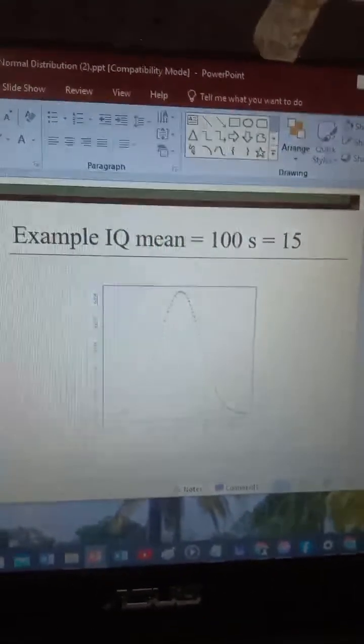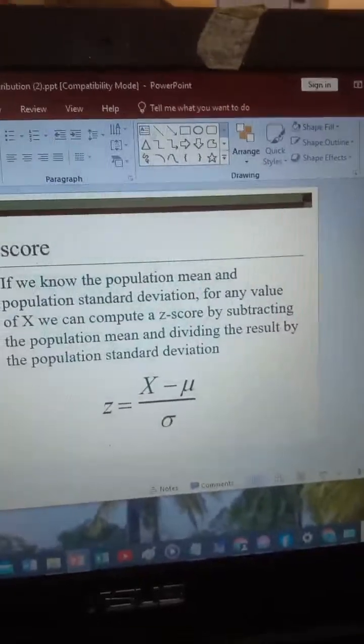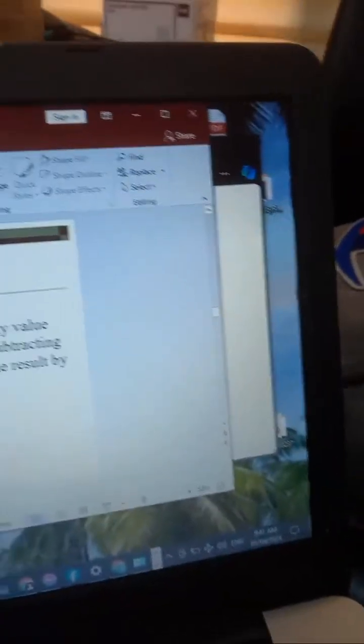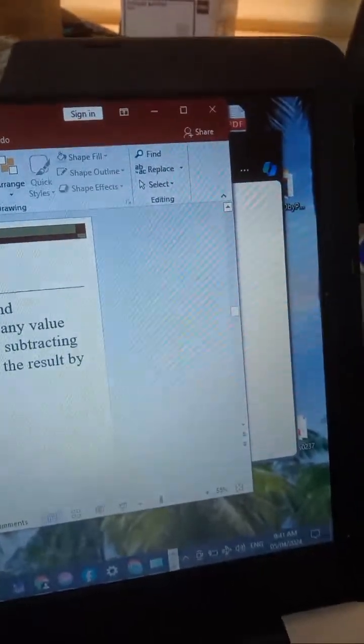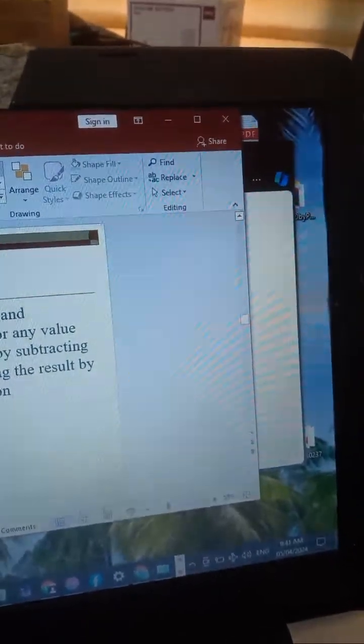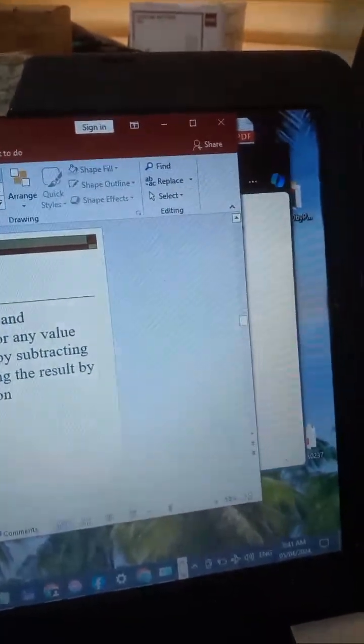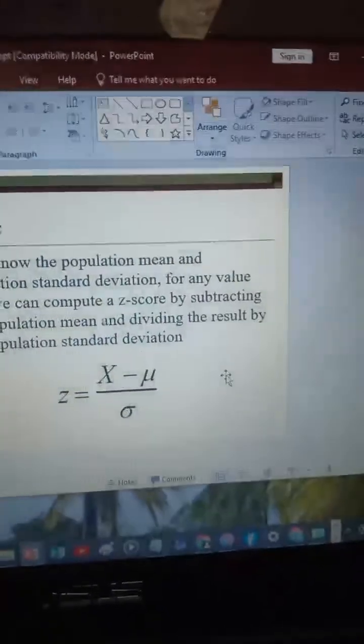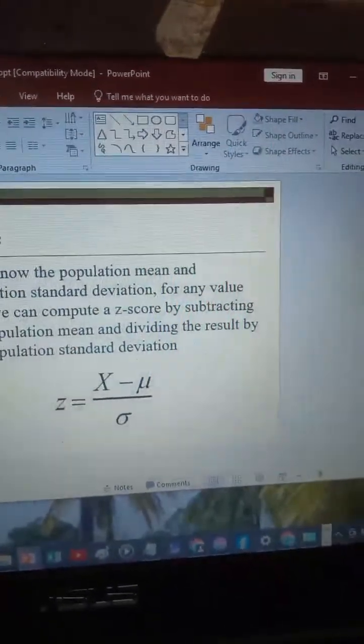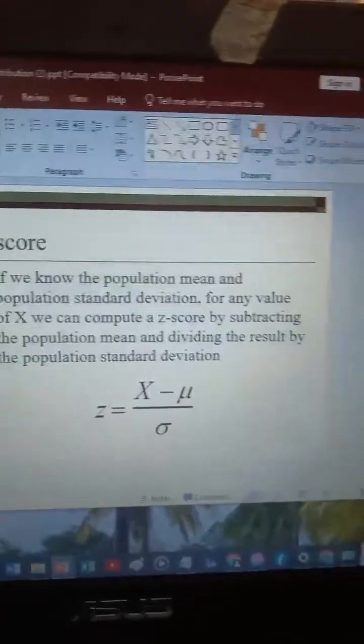Of course, you can recall the z-score. We defined the z-score last time as any sample value minus the mean, divided by the standard deviation, right? There's a change in our discussion.